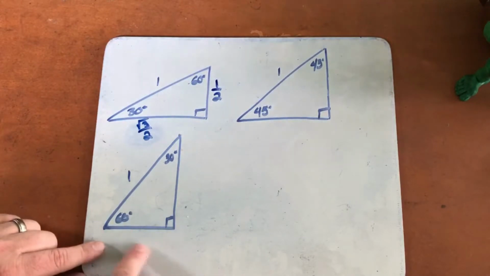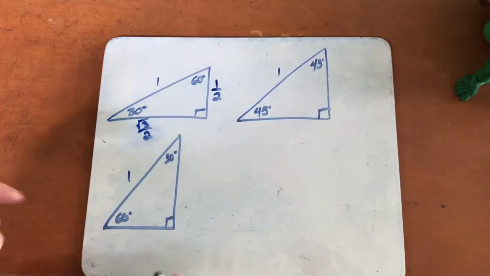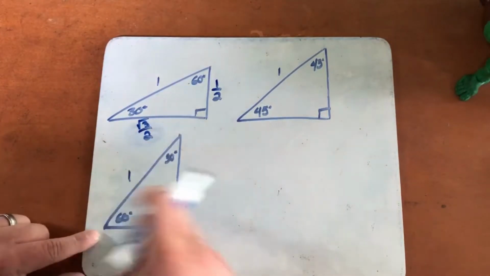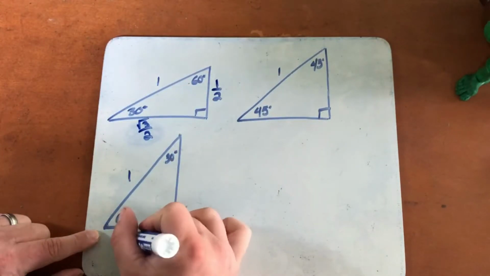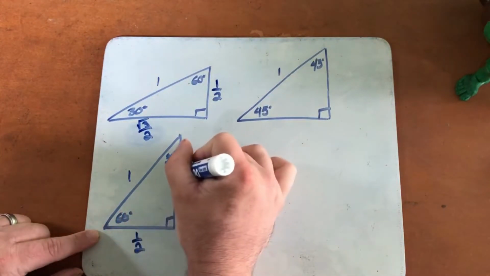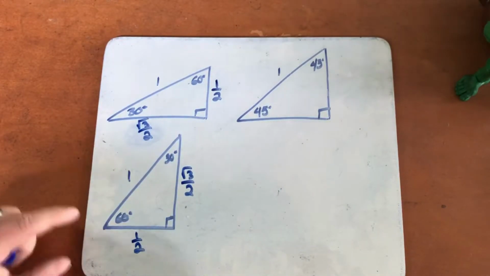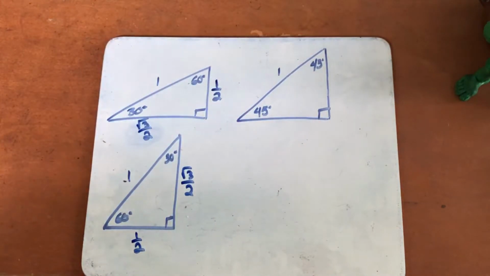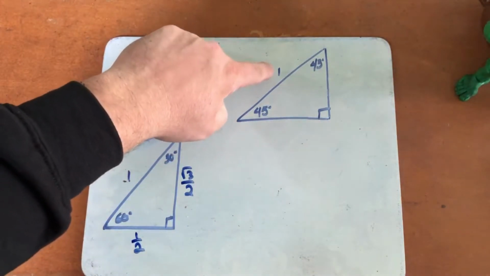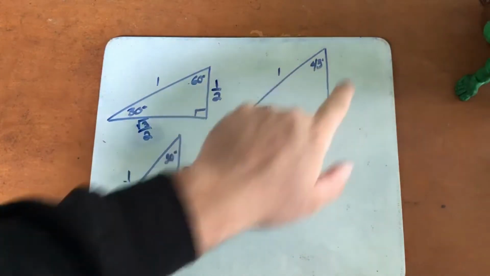Now, if I come down here and look at a 30-60-90, just turned a different way, this would be relative to a 60 degree angle inside the circle, but it would have these same measurements, meaning that this one would still be 1/2 and this one would still be √3 over 2. Okay? Now, when I come over here to the 45-45-90, if you remember, the hypotenuse for a 45-45-90 is √2 times my 2 legs.